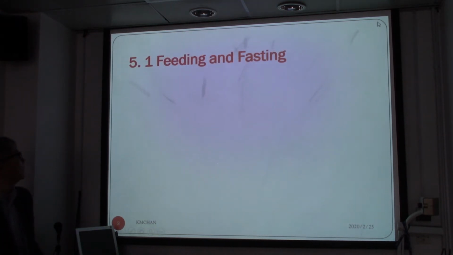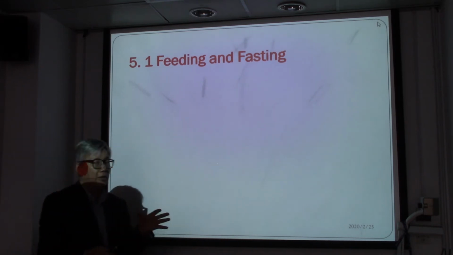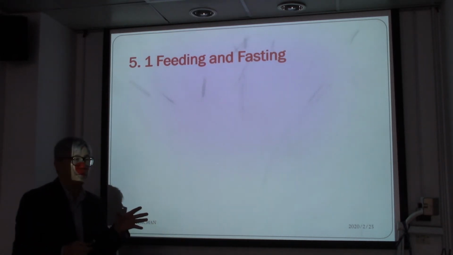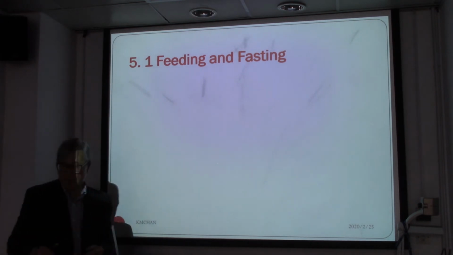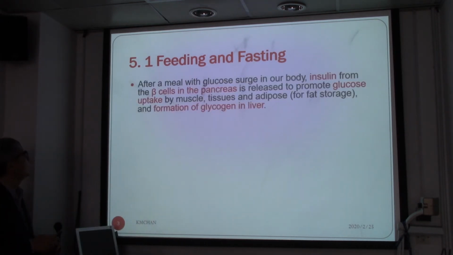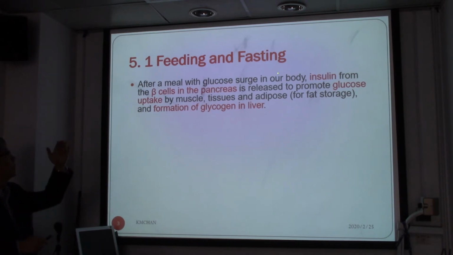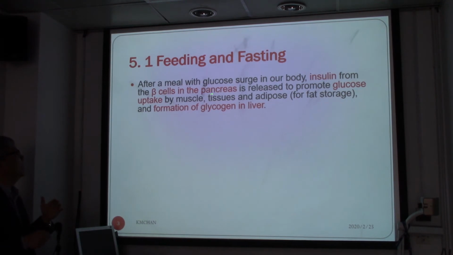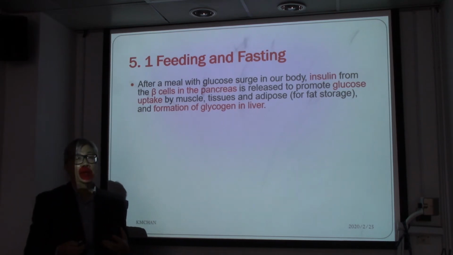Yeah, feeding and fasting. Number one, when we feed on our food, we consume the food and make them become sugar. So after a big meal with glucose surge, so increase of sugar, insulin, the hormone that comes from the beta cell in the pancreas, is released to promote glucose uptake because we need all this glucose in our body.